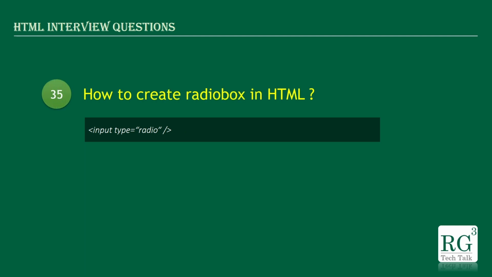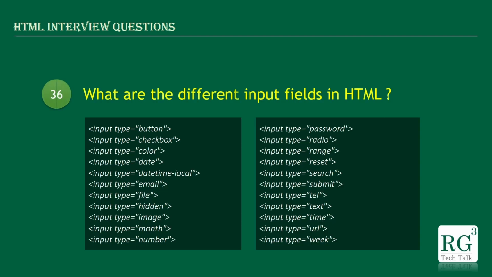Question number 35. How to create radio box in HTML? Input type radio represents the radio button. Question number 36. What are the different input fields in HTML or HTML5?